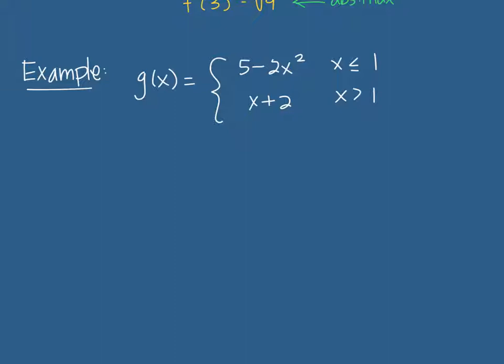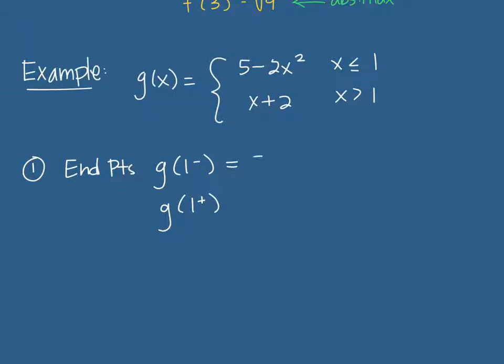So your endpoints here are the ends of the intervals. You need to check 1 minus, and you need to check 1 plus. And so our endpoints would be what g of 1 minus is, and what g of 1 plus is.